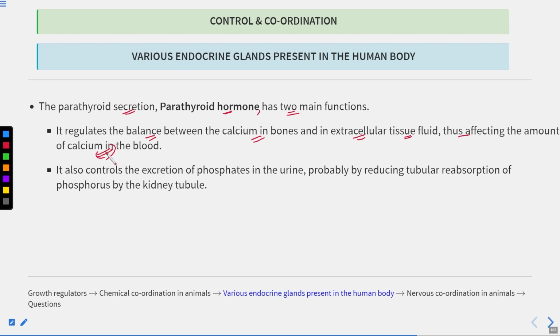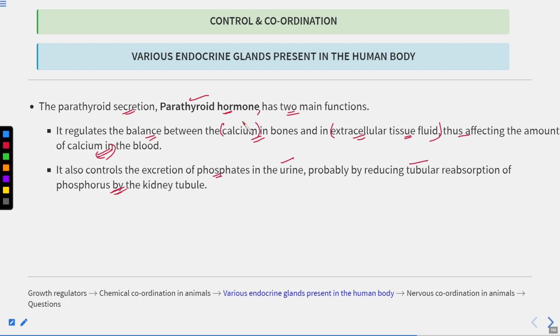So the level of calcium in the blood is also maintained by the parathyroid hormone. Second, it also controls the excretion of phosphate in the urine, probably by reducing the tubular reabsorption of phosphorus by the tubule.